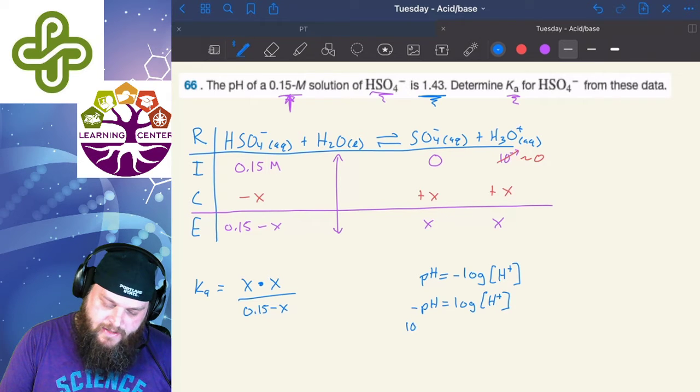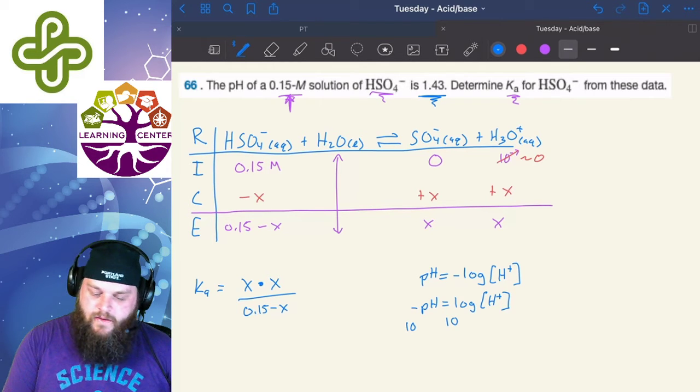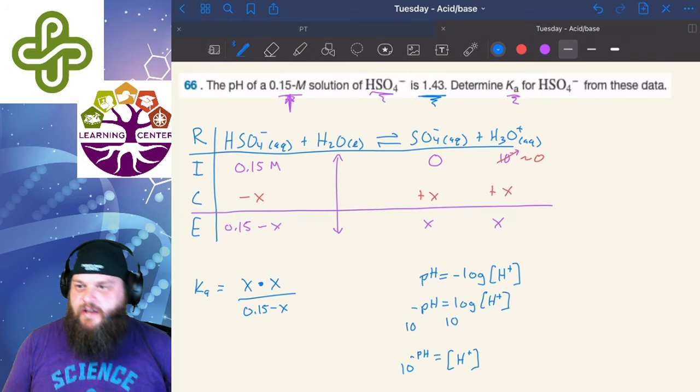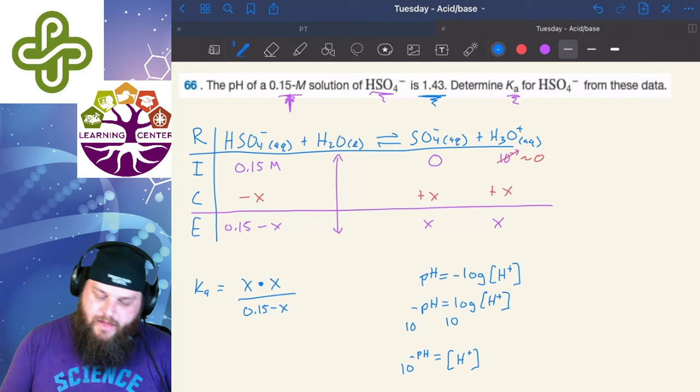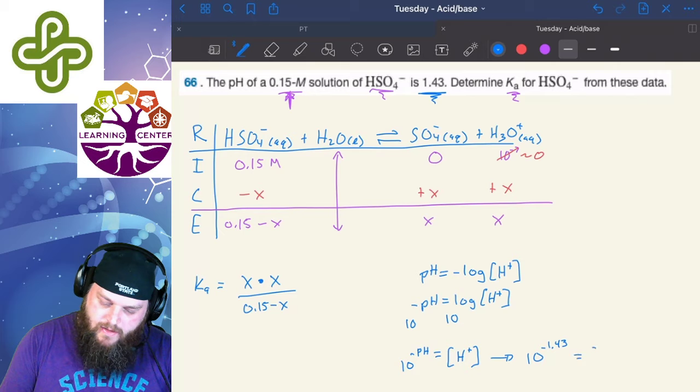So 10 to the power of negative pH is equal to 10 to the power of log of hydronium. We basically get 10 to the negative pH is equal to the concentration of hydronium, or hydrogen ions. So knowing the pH there, we can plug that in. And that's 10 to the negative 1.43 is equal to our H plus concentration.